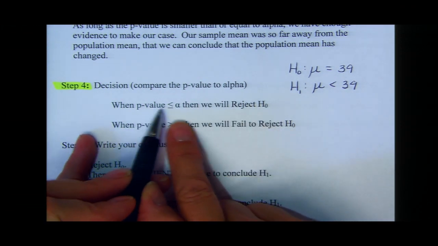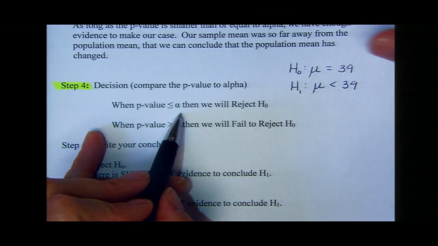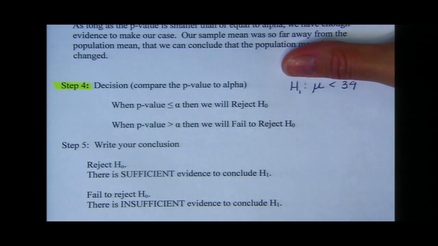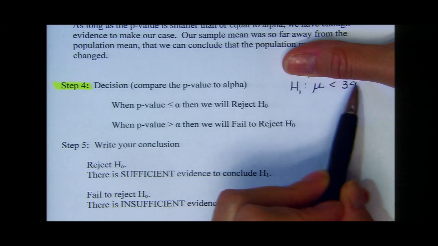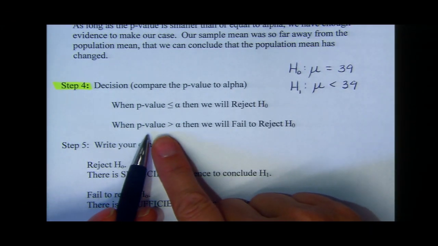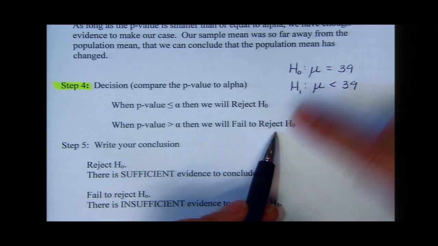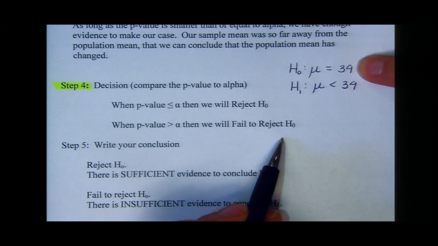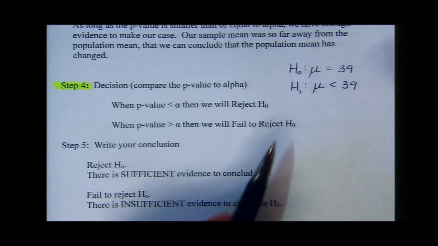So if the p-value is less than alpha, we would reject that the average age of NOC students is 39, and we would conclude that it is actually less than 39. If the p-value in step 3 is greater than alpha, then we fail to reject the null, which basically just means we have not proven anything. We've not proven that the average age is 39. We've just not shown that it's less than 39.